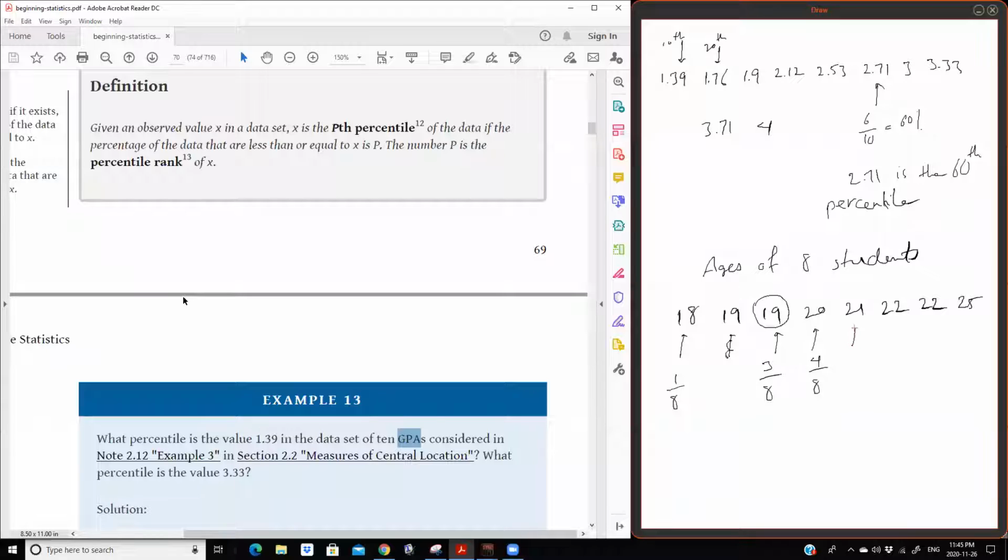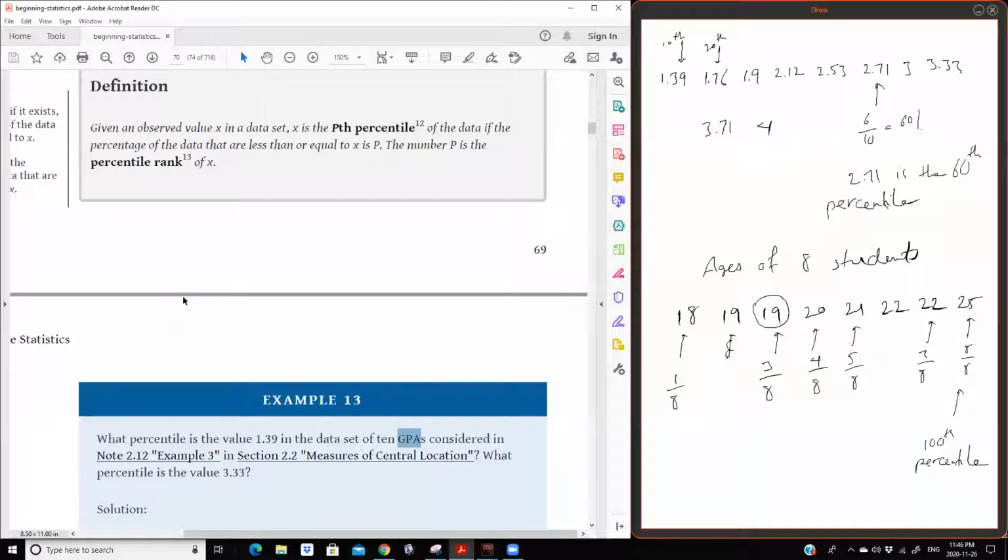And then 21 would be the 5 over 8 percentile. 22 would be the 7 over 8 percentile. And the last one would be 8 over 8 percentile. So the last number is actually the 100th, because 8 over 8 is 1, which is 100% percentile.